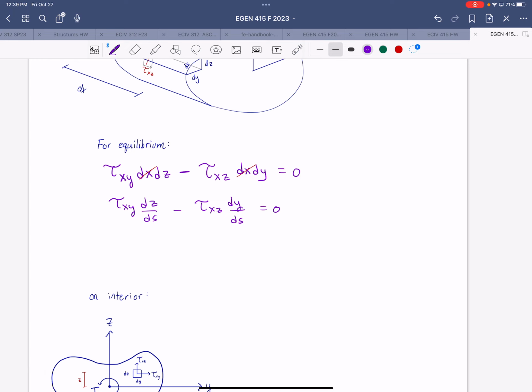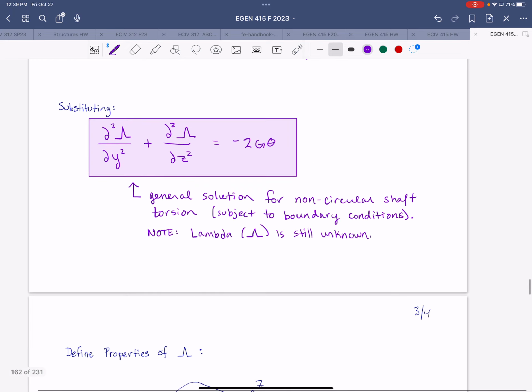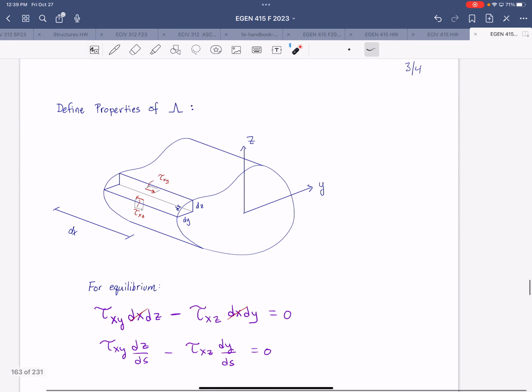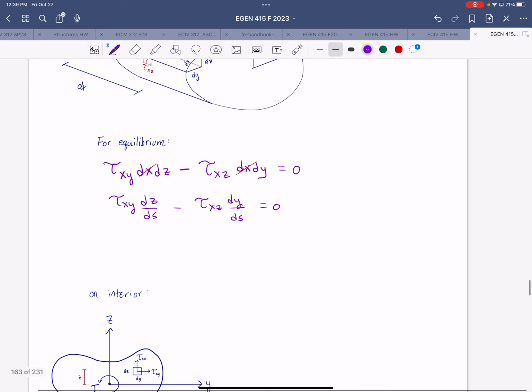And then applying our definition from the previous page, tau xy is the partial derivative of lambda with respect to z, tau xz is the negative partial derivative of lambda with respect to y. Making those substitutions here, we have partial derivative of lambda with respect to z for tau xy times dz over ds plus, since we had a negative sign in our substitution, the partial derivative of lambda with respect to y times dy over ds is equal to 0.